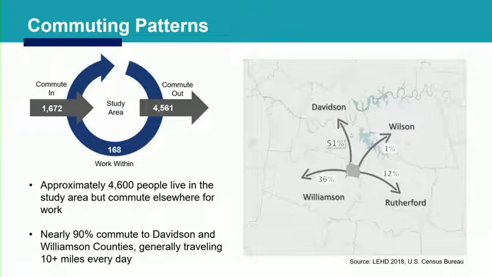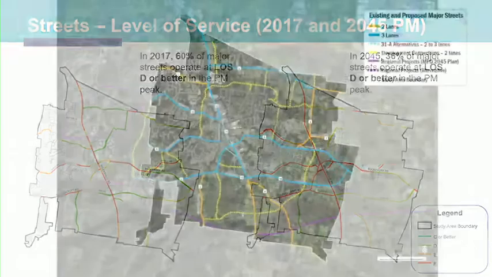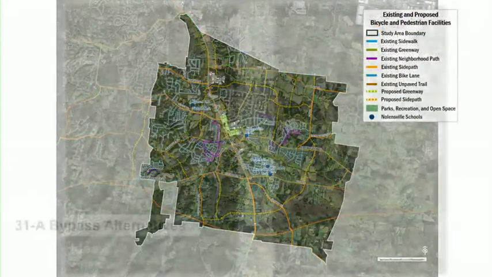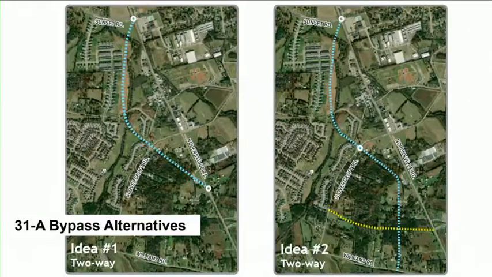Yes, sir. On examples 1 and 2 that you had up there, if you can bring those up. Particularly on your ideal 1, are you proposing a 2 or 3-lane road to there, with turn lanes?